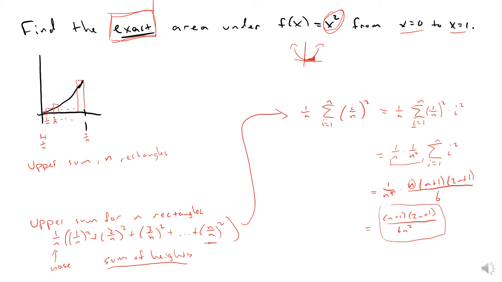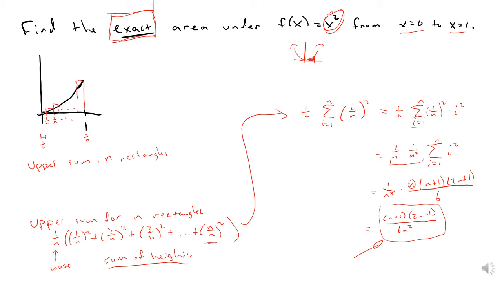So if I wanted to do the upper sum for 10 rectangles, I don't need to do it manually. I can just go straight to this formula, plug in 10 for n, and get my answer. If I wanted to do my upper sum for 100 rectangles, I don't need to do that by hand. I go straight to this shortcut formula and plug in 100 for n and get my answer.